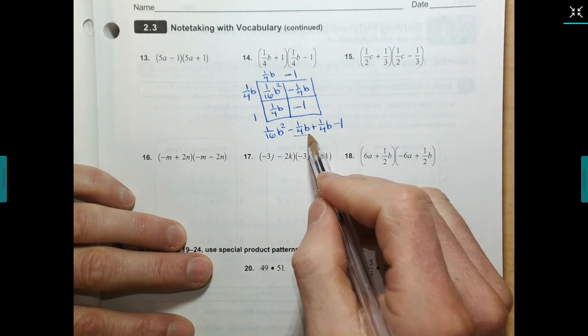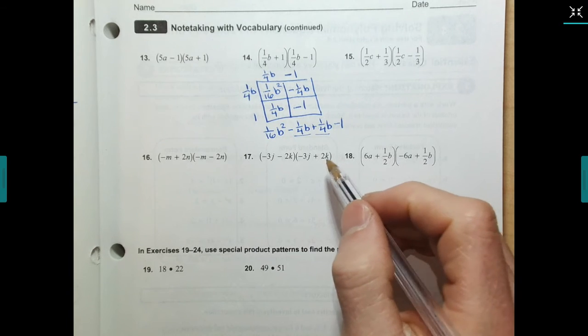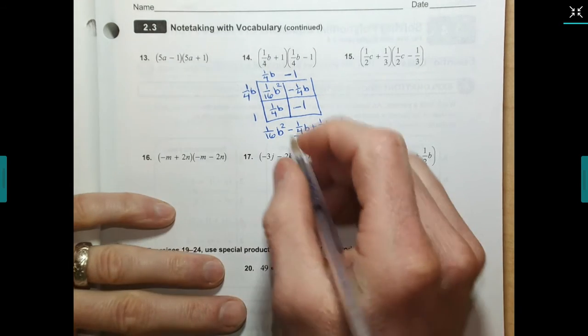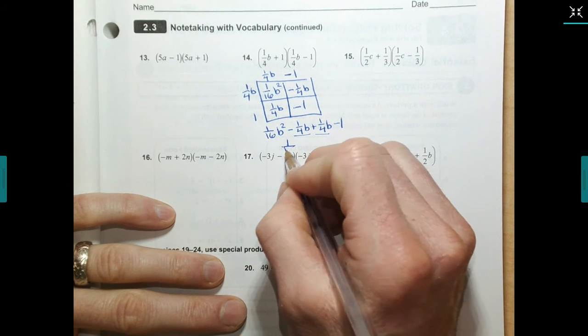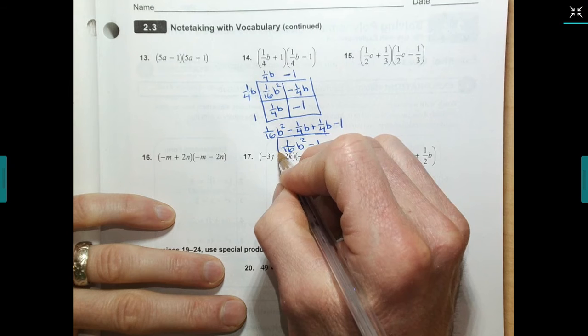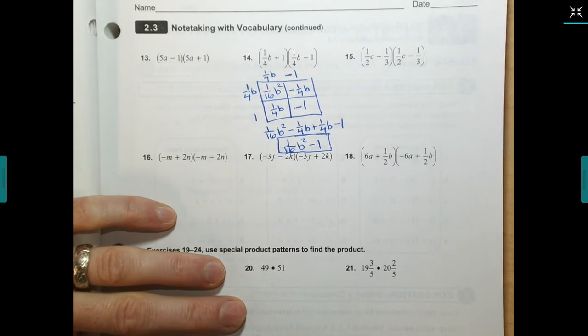Well, look at this. Again, just happened again. I get two numbers that cancel out. So all I'm left with is 1/16 B squared minus 1.